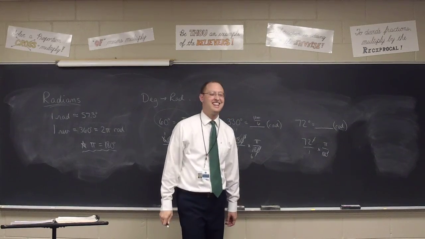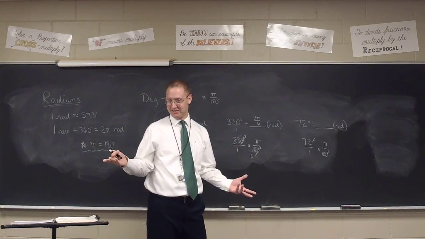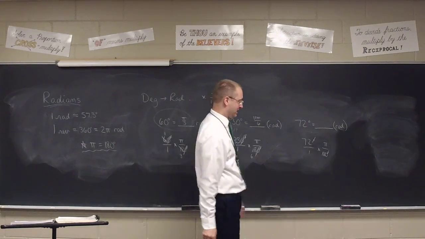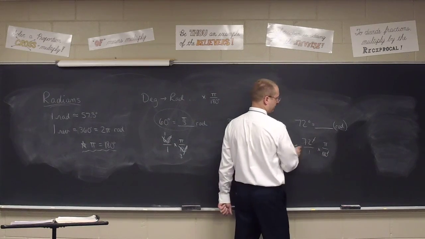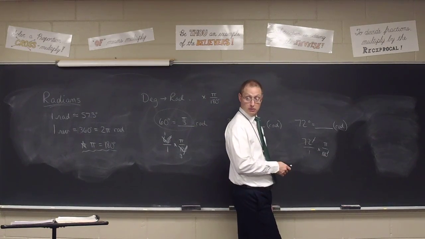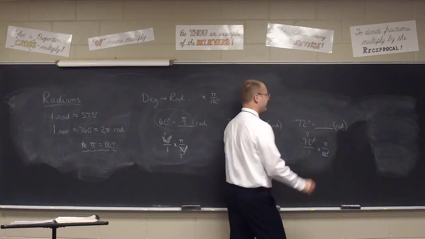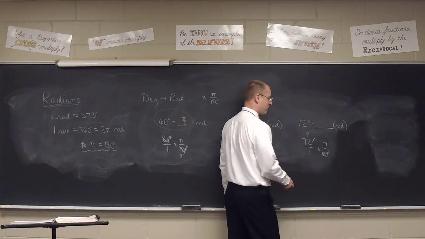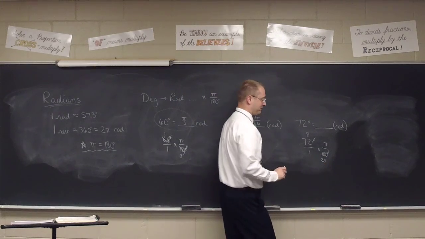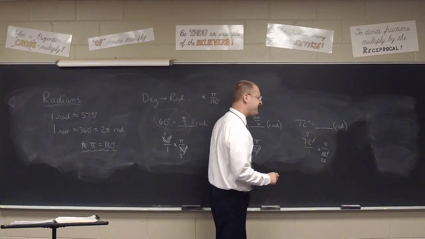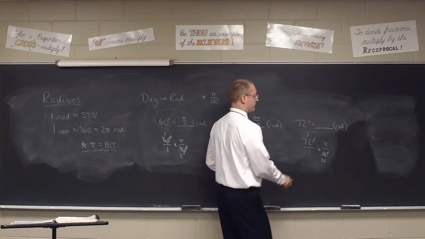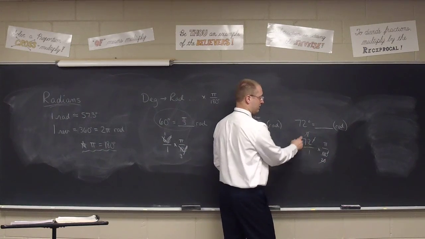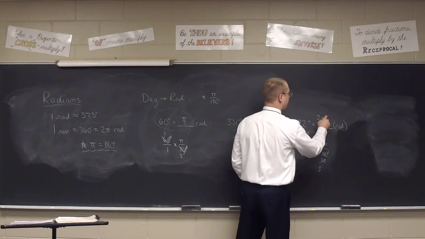I see 9, because I can divide 72 by 9 easily enough. 8. Remember times tables. And the 180 I can divide by 9. 20. Ooh, I can still divide more. Take a 4 out to get 2 and 5, and we can get 2 pi over 5.